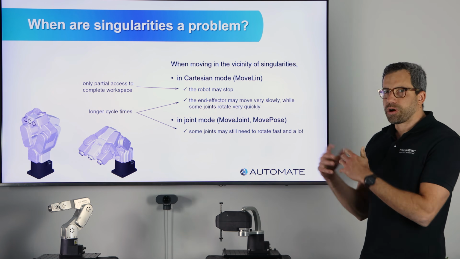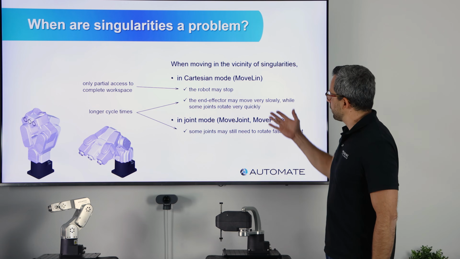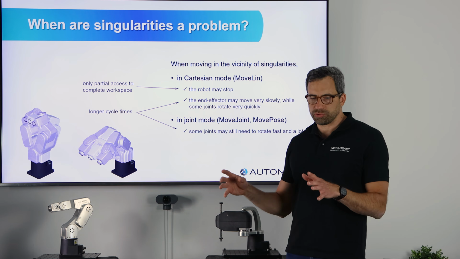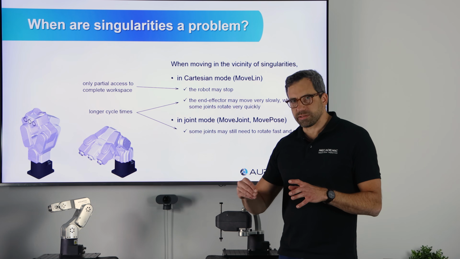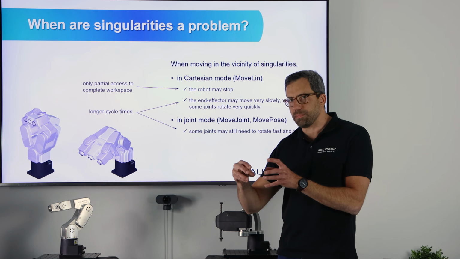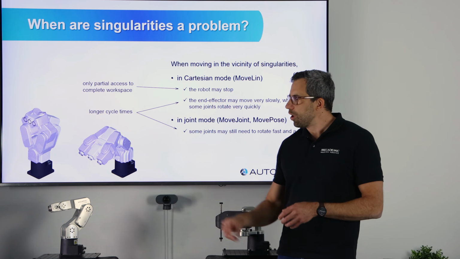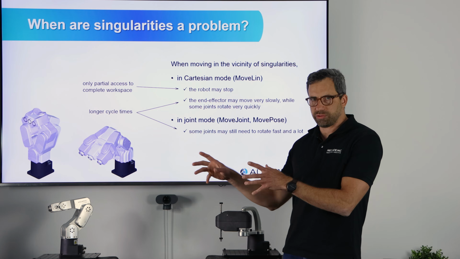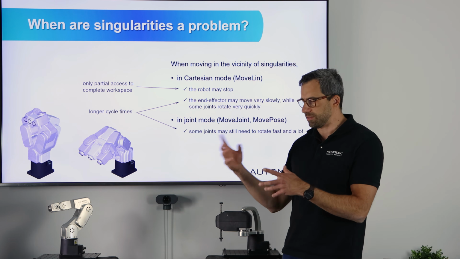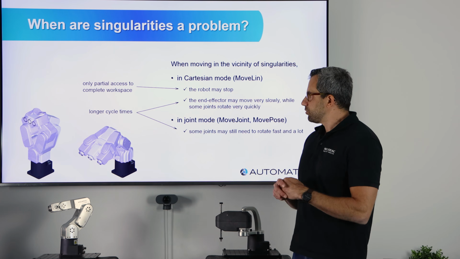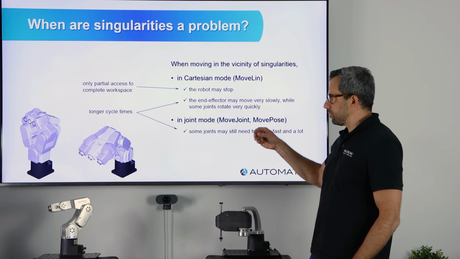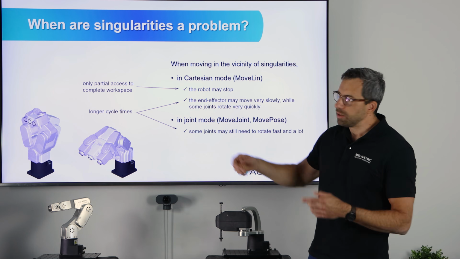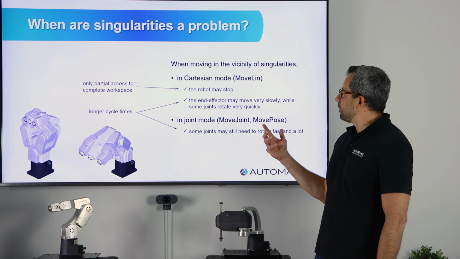So what's the problem with singularities? As I said, there are 2 different modes. You either move in Cartesian space, so you specify the path of the end effector, or you don't care about the end effector, you just move the joints simultaneously, but at the same time independently. So if you move in Cartesian mode, where you want the end effector to follow a line, then there is a problem.